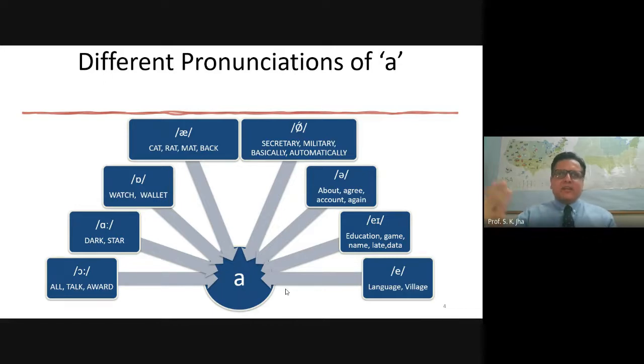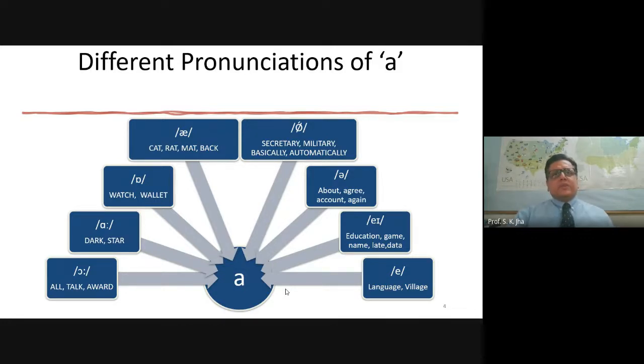They call it in language study the Schwa vowel. So here A becomes schwa, as in "about", "agree", "account", "a game". Then A also becomes the A sound, as in "education", "game", "name", "late", "data". And in the last example, you see, as in "language", "village".